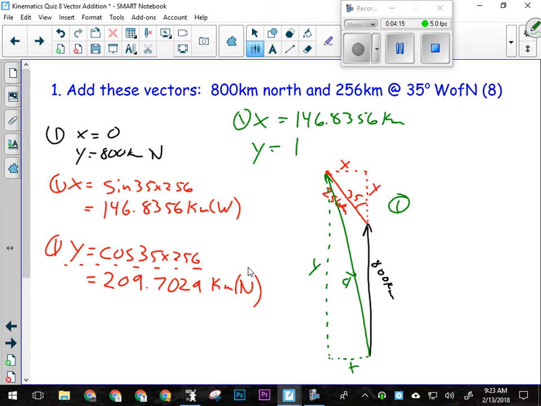Holy smoke, I gotta have more coffee. 1,009.702 kilometers, and that's north. This one's west. One mark for that. They can still get the method marks, yes.